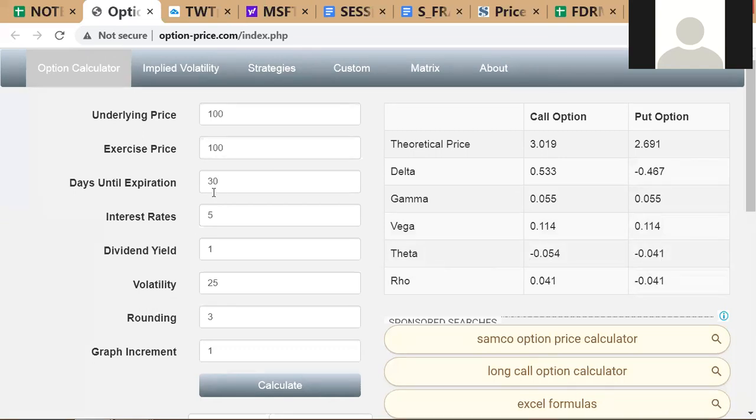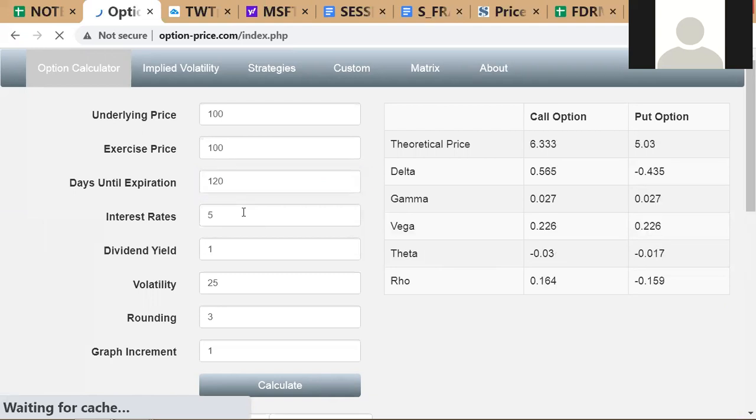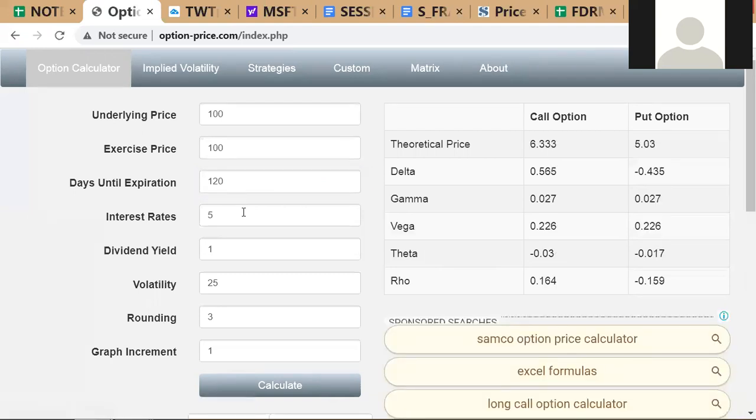Okay, let's dramatically increase. This is 30 days. Let's make it a 120-day option. Let's see what happens to the theta. I'm not changing anything else. You see that the theta has gone lower because now it's 0.03 and this is 0.02.